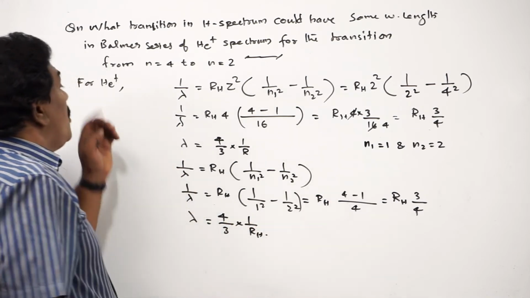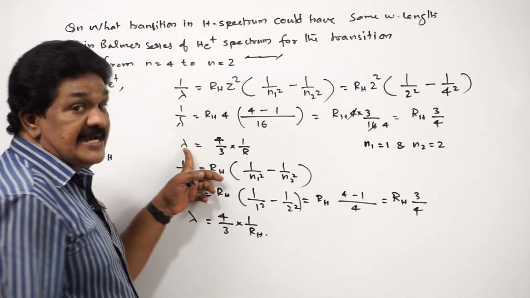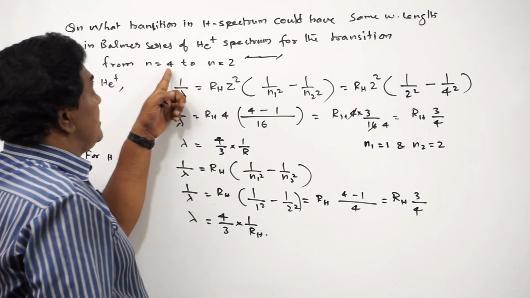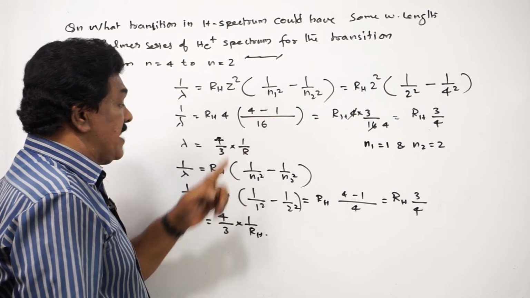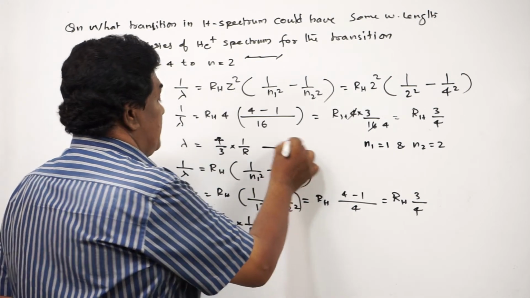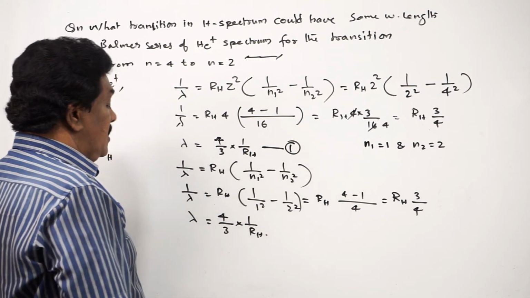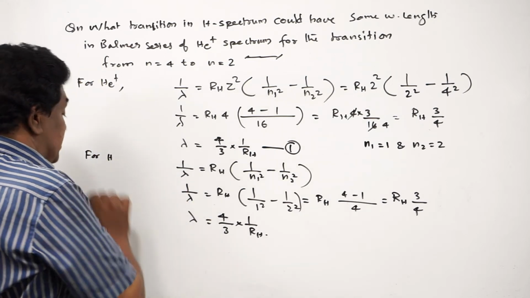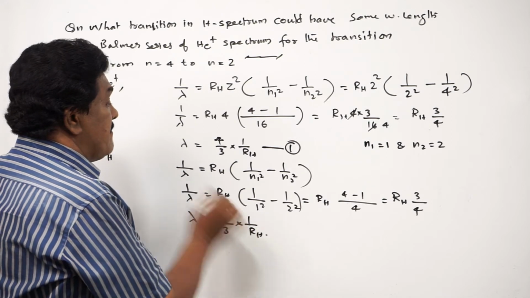See, for He+, the wavelength of the transition from n is equal to 4 to n is equal to 2 is 4 by 3 into 1 by R_H. This is equation 1. And for hydrogen, lambda becomes 4 by 3 into 1 by R_H.